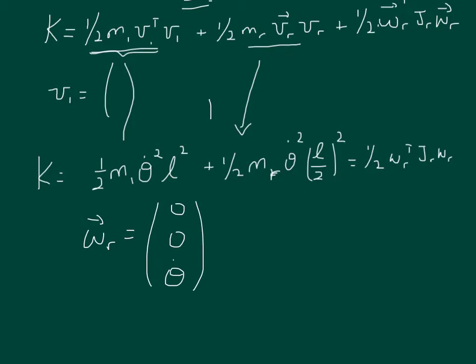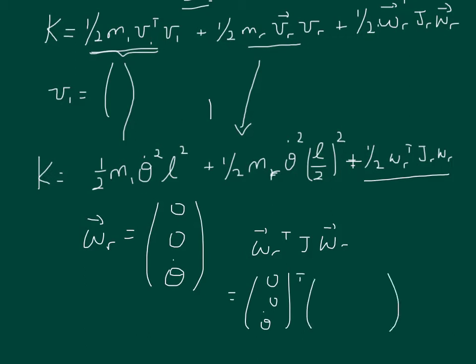I'm sorry, that should be a plus. You have a term that looks like that, omega r transpose j omega r, and omega r is 0, 0, theta dot transpose, and then we have this matrix, let's just call it jx, jxy, jxz, jyx, jy, jyz, jzx, jzy, jz, times 0, 0, theta dot.